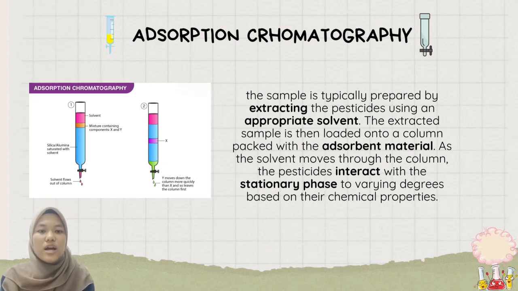Different pesticides have different affinities for the stationary phase, leading to their separation. The less strongly adsorbed components move through the column more quickly, while the more strongly adsorbed pesticides have a slower elution time. By analyzing the eluent at different time points, the presence and concentration of pesticide can be determined.